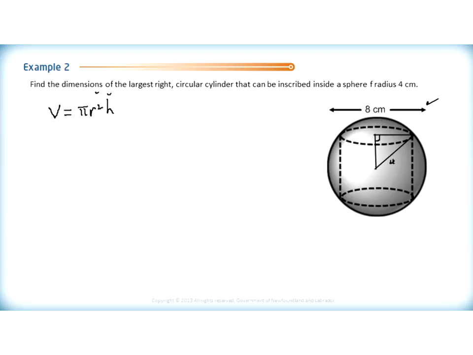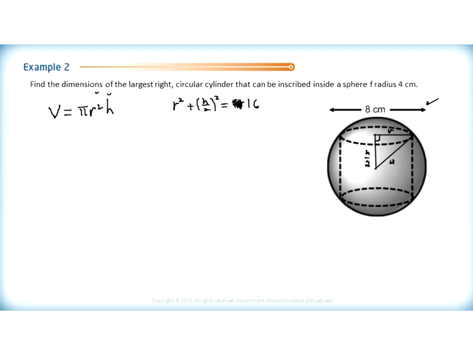And the two legs of my right triangle will be the height of the cylinder divided by 2, because it's halfway there, and the radius of the cylinder. So what that allows us to do is to get a secondary relationship using Pythagorean theorem. So we can see that r squared plus (h divided by 2) squared is going to be equal to 4 squared. 4 squared is 16. Let's just call it 16.